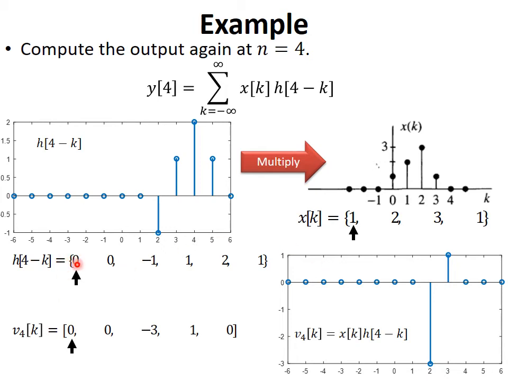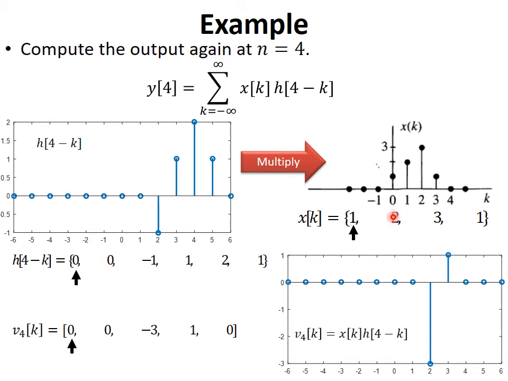Now h of 4 minus k would be multiplied with x of k. So the sample at k equal to 0 of h of 4 minus k would be multiplied with the sample of x of k when k equal to 0, which is this one, right? So 0 would be multiplied with 1, which is equal to 0.